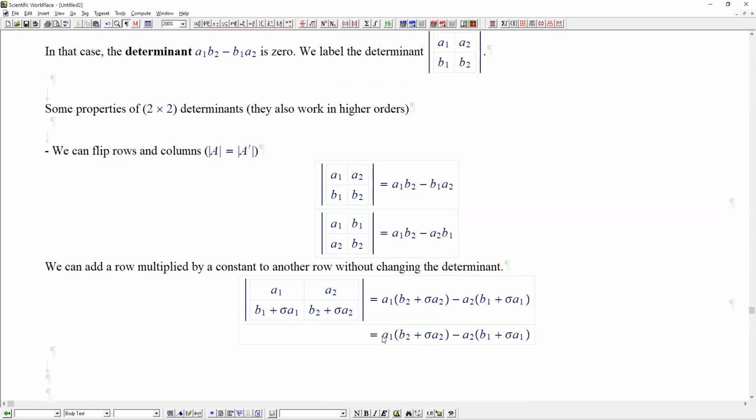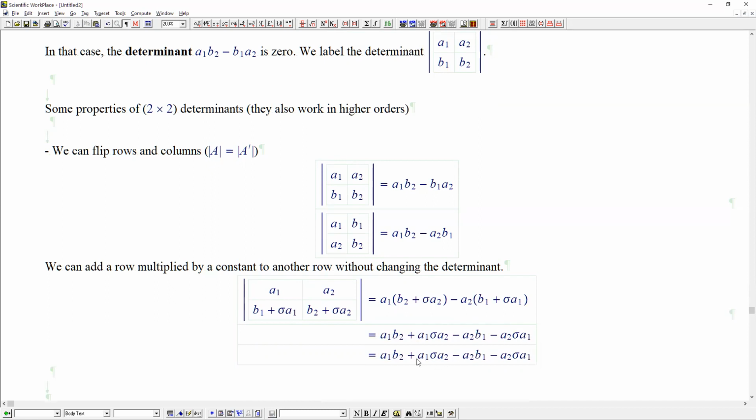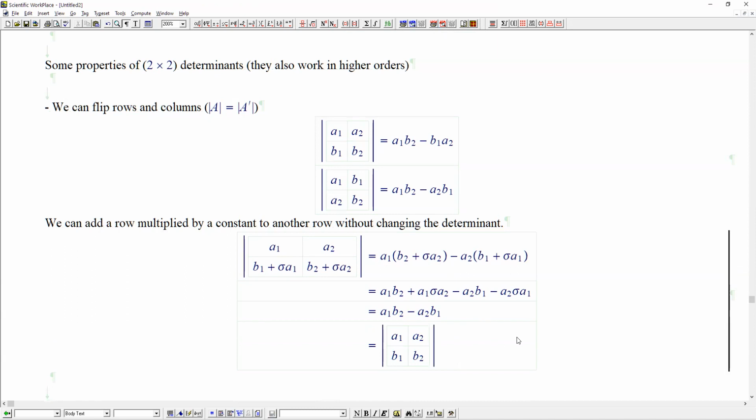So they're going to disappear, and these cross terms cancel each other. So this is going to be equal to the determinant of this matrix there.